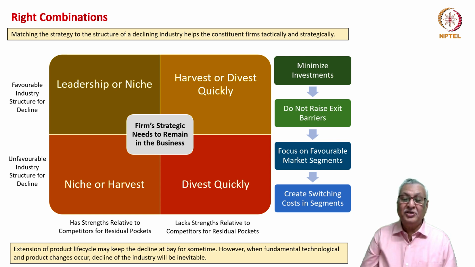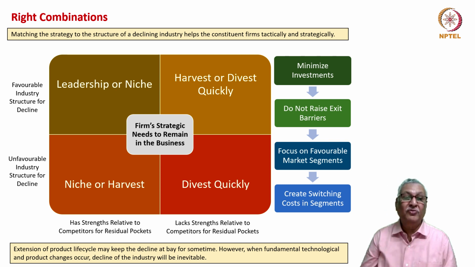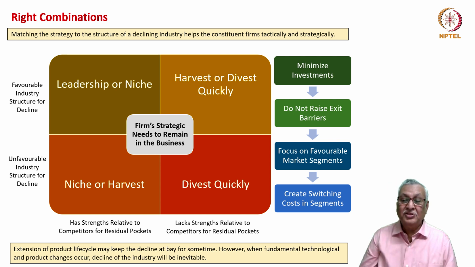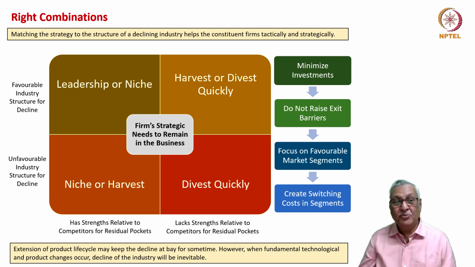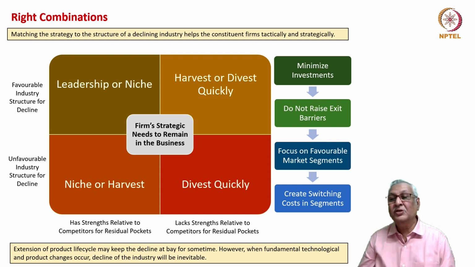If the firm lacks strengths relative to competitors for those residual pockets and the industry structure is favorable for decline, then you should look at harvest or divesting quickly. If the company lacks strengths relative to competitors for residual pockets and if there is a favorable industry structure for decline, then you should harvest or divest quickly.